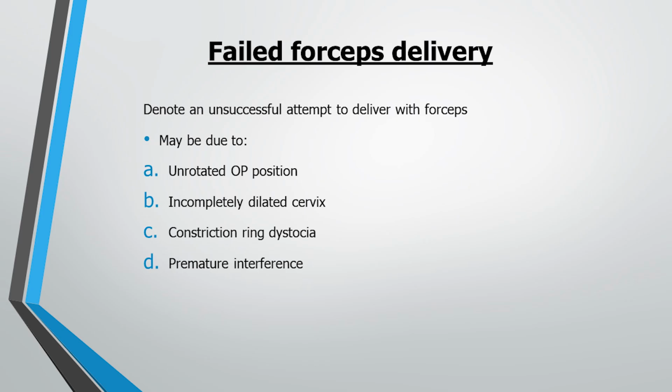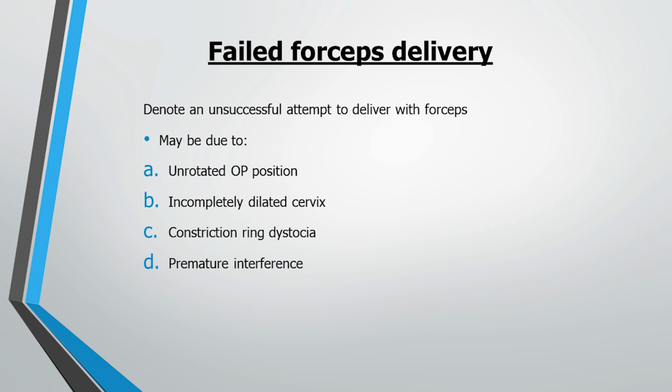When you are doing it with occipito-transverse position, you are at the same time preparing for cesarean section because you are not sure whether that procedure will be successful or not. Trial of forceps. And again, we talk of failed forceps. Failed forceps is an unsuccessful attempt to deliver the baby with forceps after 2 or 3 applications.